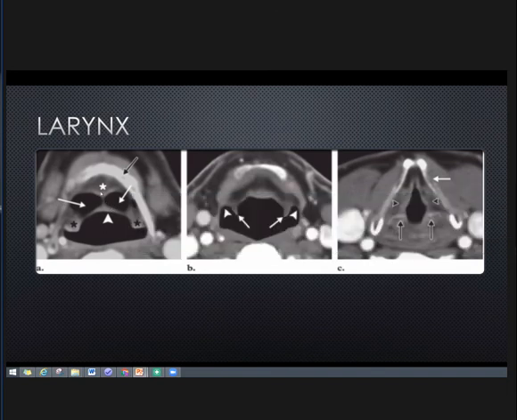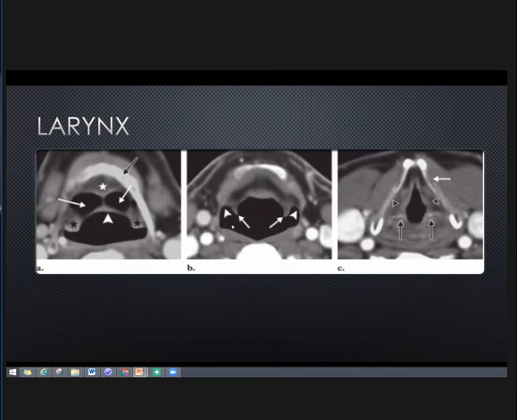The white star represents the pre-epiglottic space, while the black stars depict the paraglottic spaces, while the black arrow shows the hyoid bone.